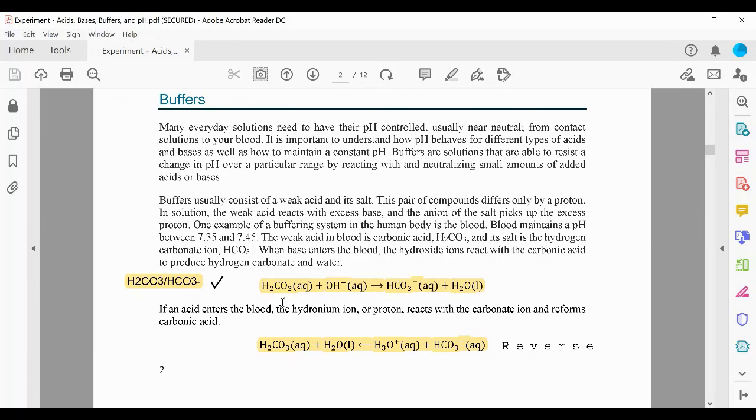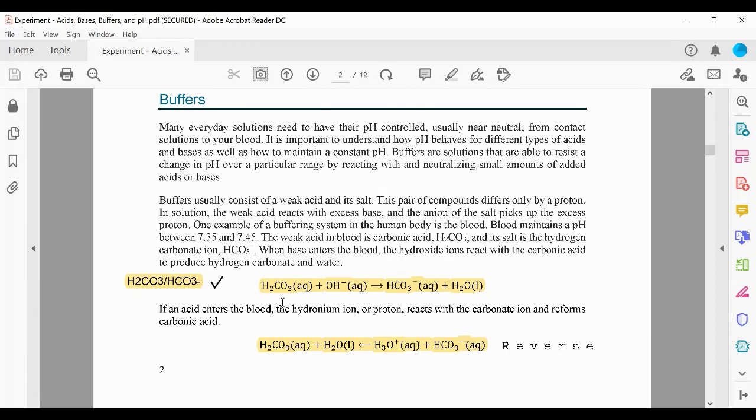And that is very important. Many solutions need to have a constant or almost constant pH. For example, as you have read, our blood has to have a pH between 7.30 and 7.40, kind of like that, because the proteins only function around that pH.